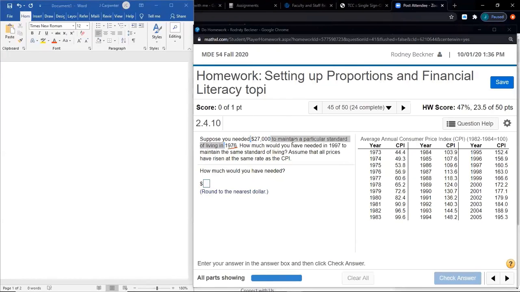They asked about 1976 and 1997. So we need to go to that table and extract those CPIs. 1976, pay attention, is 56.9. 1997 is 160.5. I didn't do a very good circle on that one, did I? Here we go. That's it. That's all we need from the table.